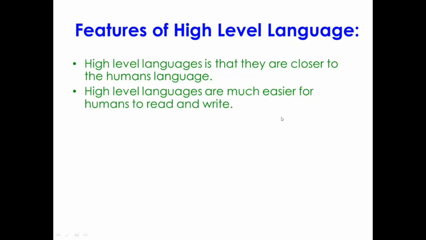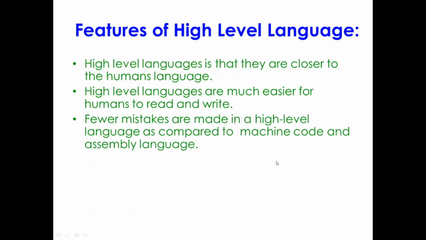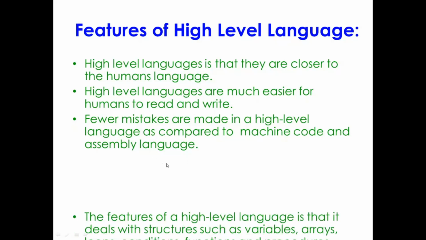Once you are writing the programs in the high level language, it's easier to read and write, and it's easier as compared to the machine code or assembly language, and as a result there are fewer mistakes because the people understand it well.